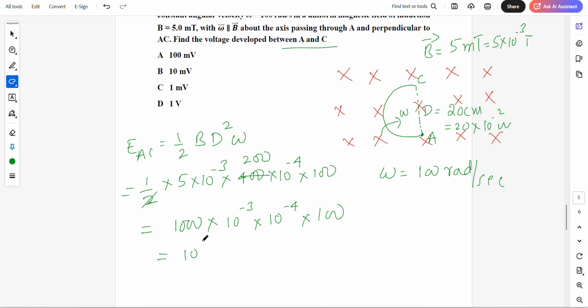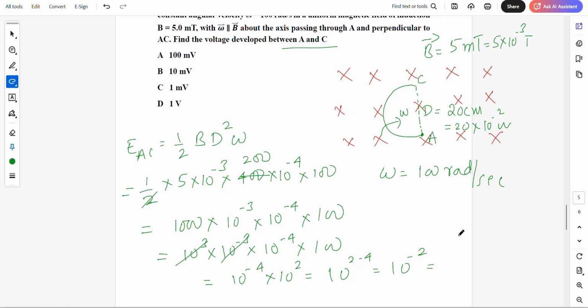So this is 10 to the power of 3 into 10 to the minus 3 into 10 to the minus 4 into 100. This gets cancelled. 10 to the power of minus 4 into 10 to the power of 2. That is equal to 10 to the power of 2 minus 4, how much? 10 to the power of minus 2.